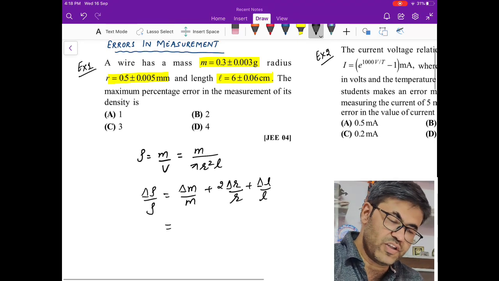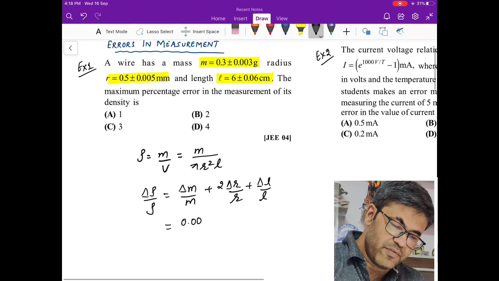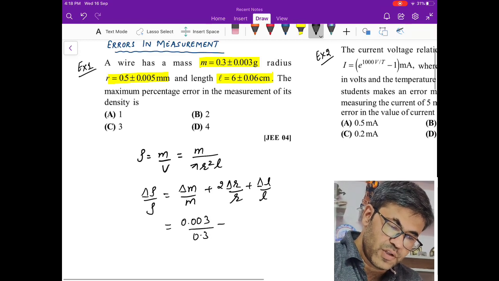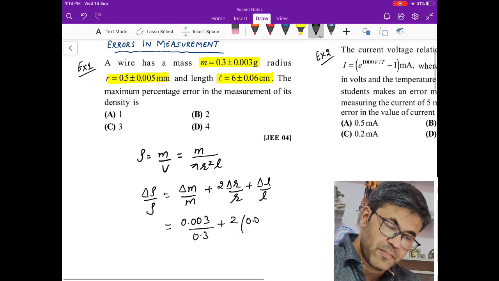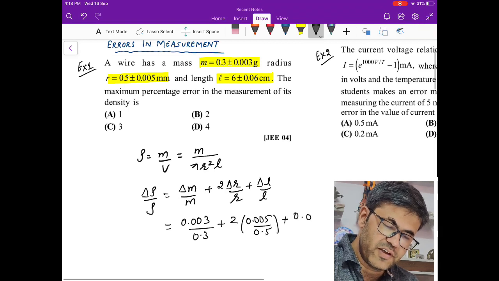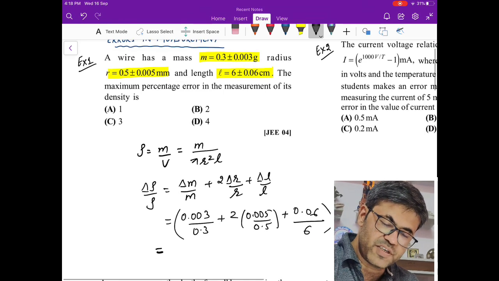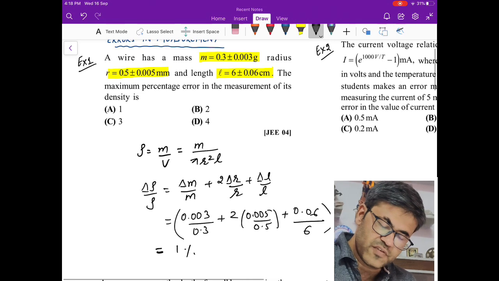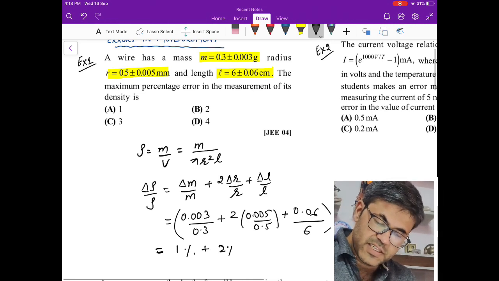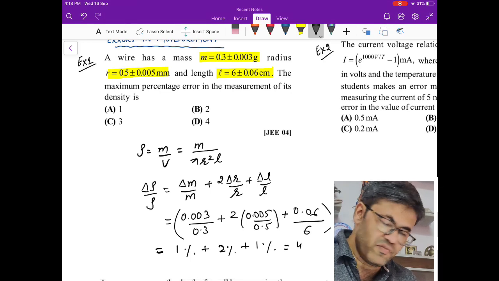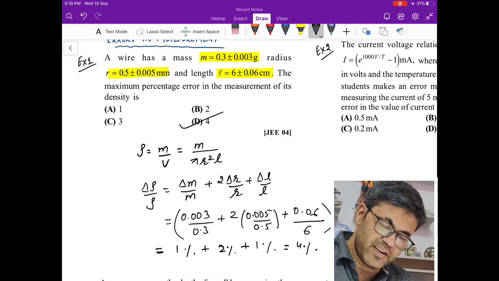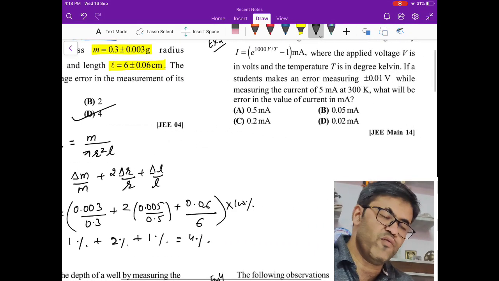Errors are always added. So delta m by m is 0.003 upon 0.3, plus 2 times 0.005 upon 0.5, plus 0.06 upon 6, and this whole thing is multiplied by 100%. This comes out to be 1%, this will be 2%, and this will be 1%. So effectively the error is 4% in density. Go for option D. So that was an easy one.